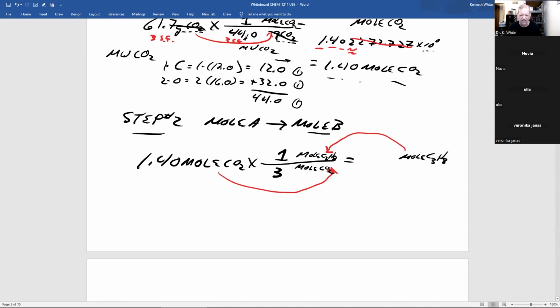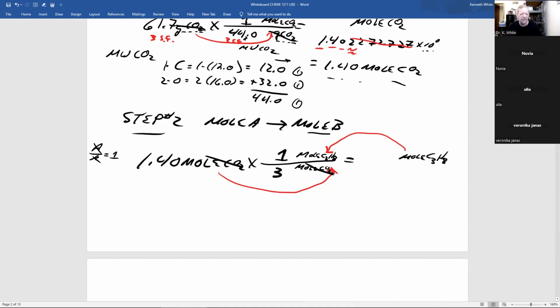And that's where I got those numbers. And now moles of CO2 divided by moles of CO2 cancel out, because anything divided by itself equals the number 1, and I'm left with moles of C3H8, which is what I want.